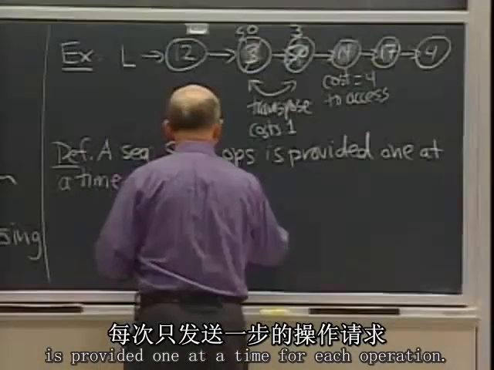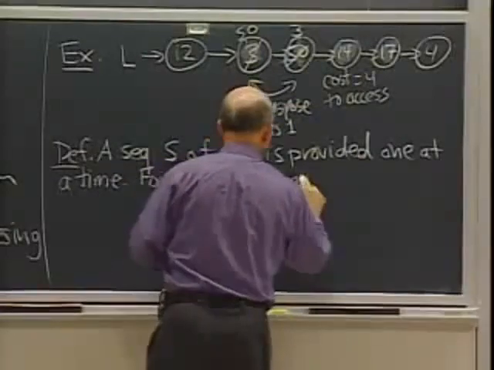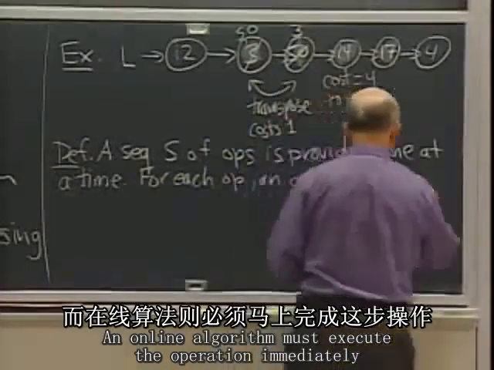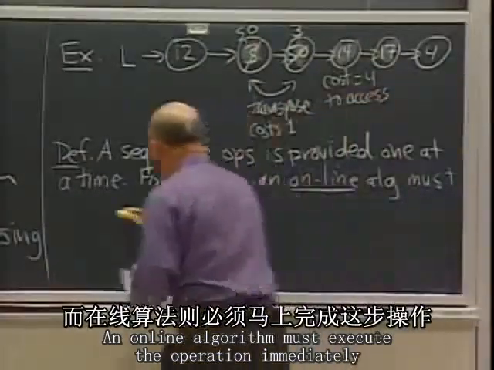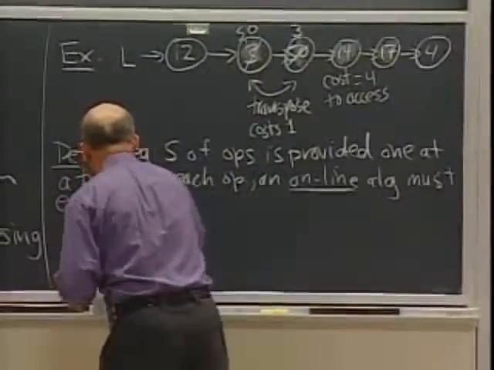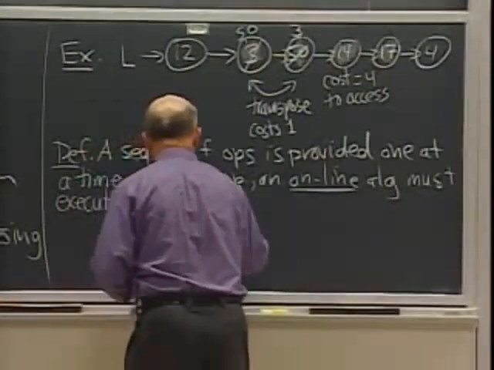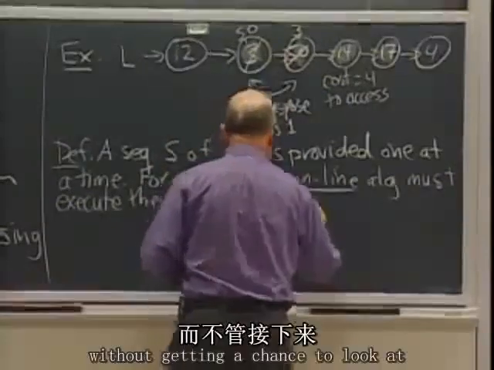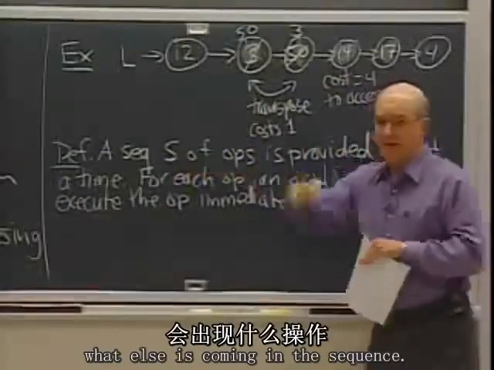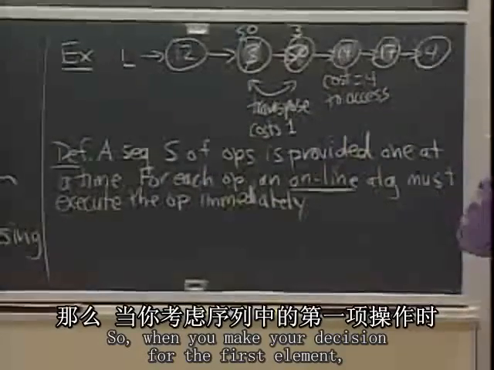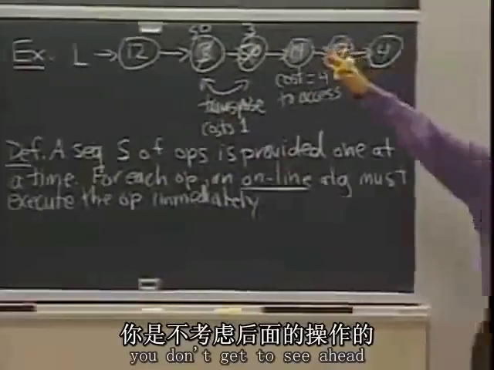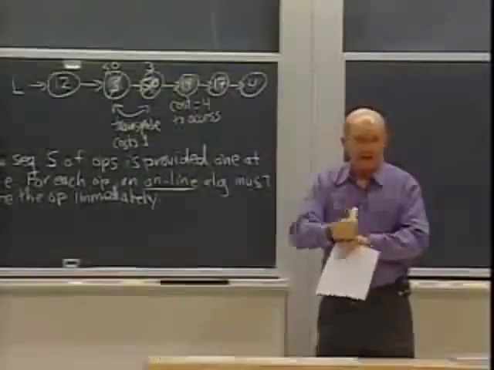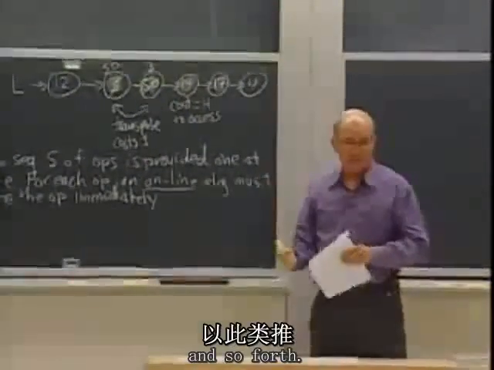For each operation, an online algorithm must execute the operation immediately, without getting a chance to look at what else is coming in the sequence. So when you make your decision for the first element, you don't get to see ahead as to what the second or third or whatever is. Then the second one you get, and you have to make your decision as to what to do, and so forth. So that's an online algorithm.